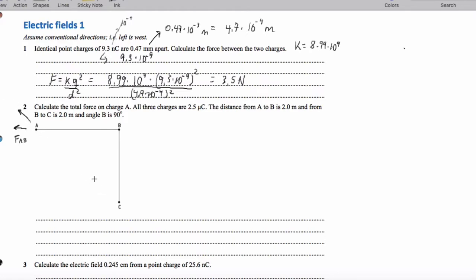And then we also have this force from C. So we have a force on A. So A feels the force and C deals the force, and there's an electric force in both of those. So let's be really careful. This is 2 meters, 2 meters.